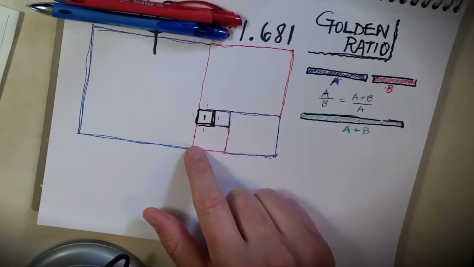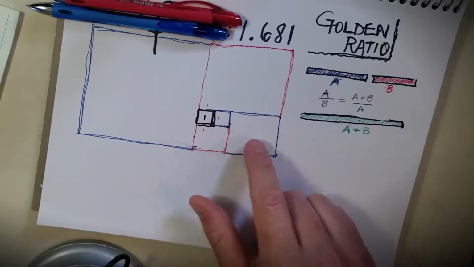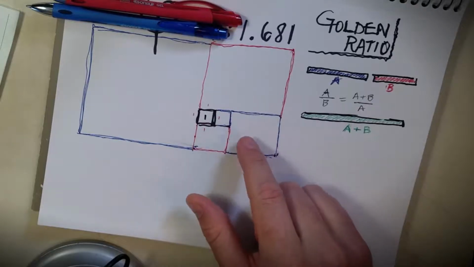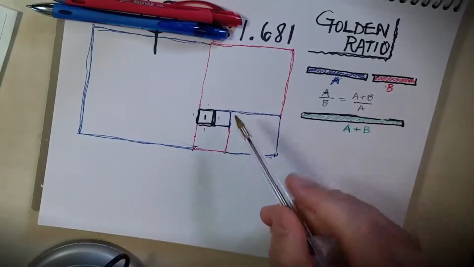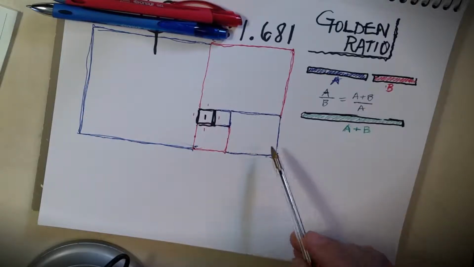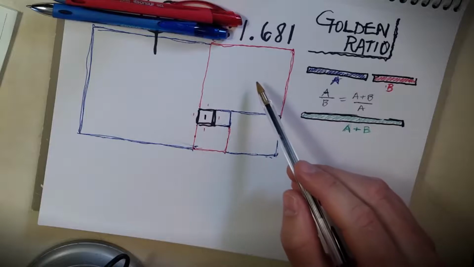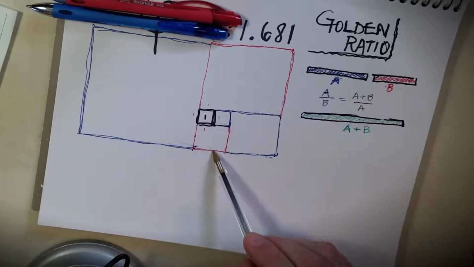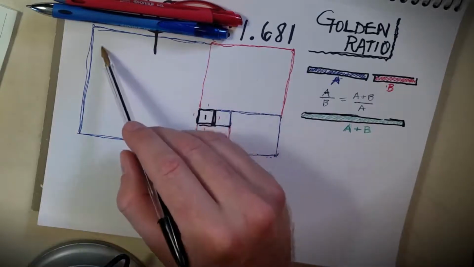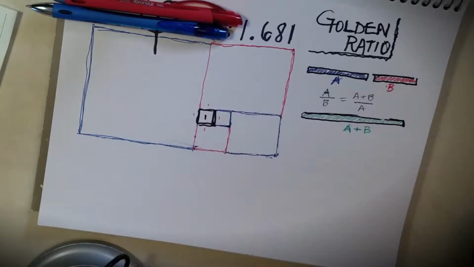And that's why that's 2 units. Next one is 3, because 1 and 2, the previous two, is this one and this one. That makes a length of 3. And this one is 2 plus 3, which is 5. And 3 plus 5 is 8. In this little spiral that we draw. So by adding the arc in each square, you'll end up with a diagram of the golden spiral.